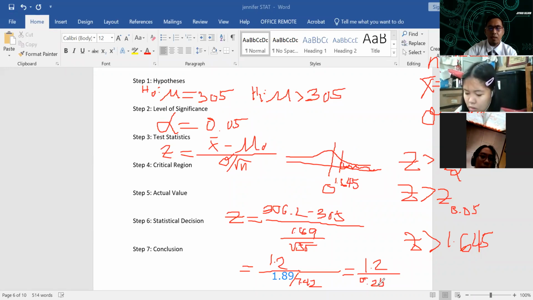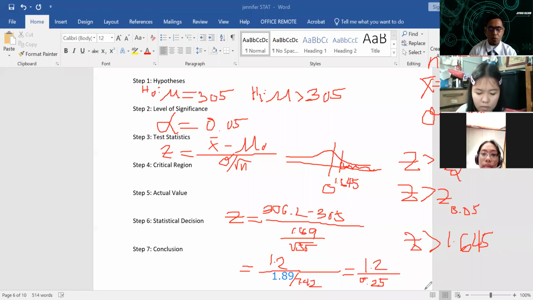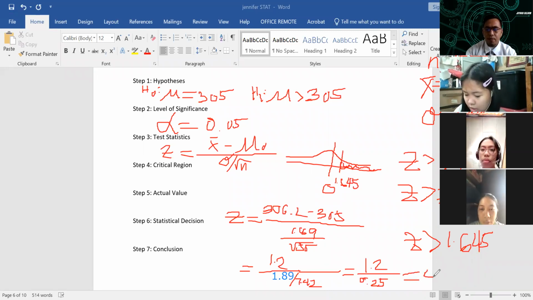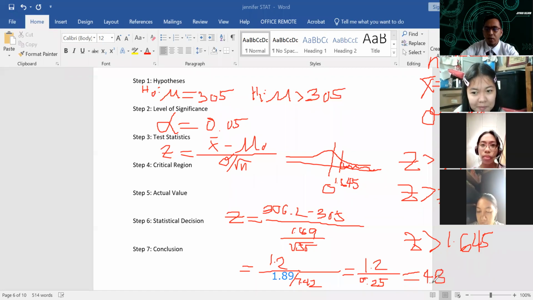Try to use your calculator. 0.25. Okay? So correct. So now, 1.2 divided by 0.25 would give us 4.8. Okay? That is 4.8.